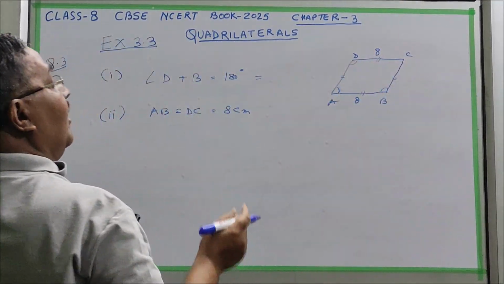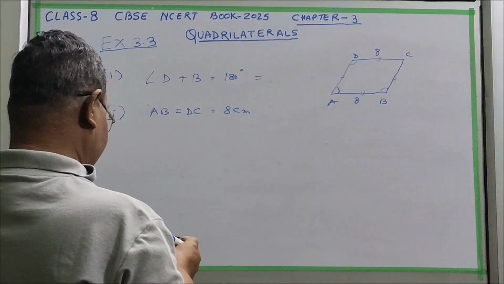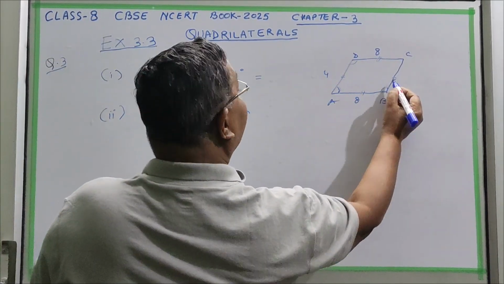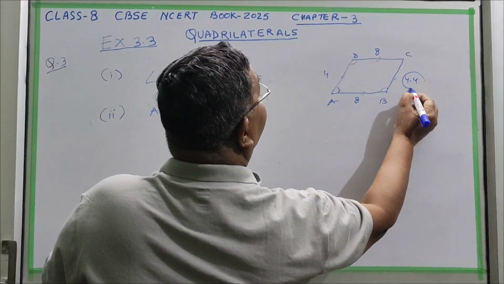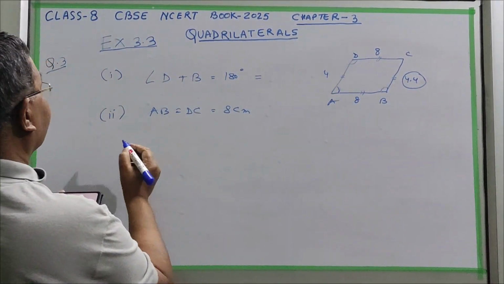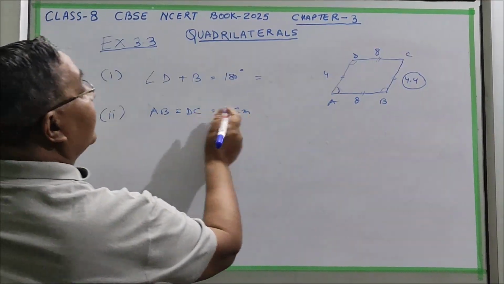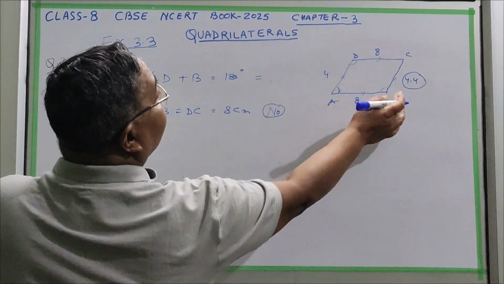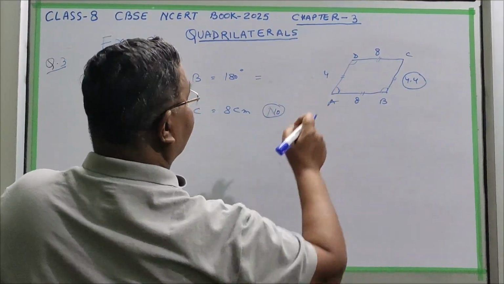This is okay because the sides are equal. But AD is equal to 4 centimeter and BC is equal to 4.4. So this is not possible in a parallelogram. If we write all the conditions, the answer is no, it is not possible because one line is not equal to the other.